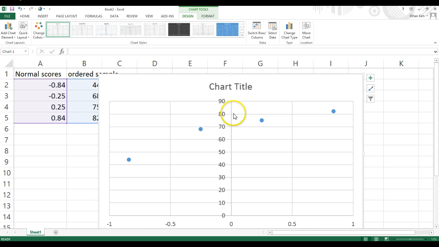Alright, so I'm not sure why this is over here, but anyways, what we're looking for here is a straight line. So the more linear, or the more straight the line is, the better the data fits the normal distribution. So essentially, we're looking for a straight line. Alright, and if there is any kind of curve, then it indicates deviation from normality.